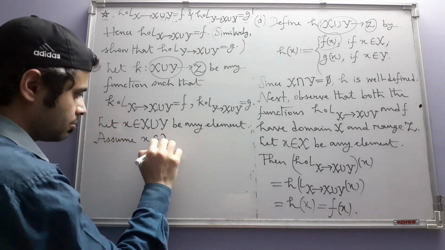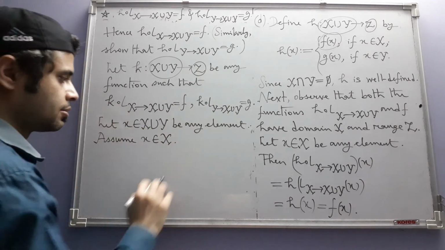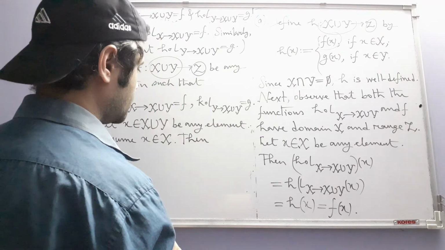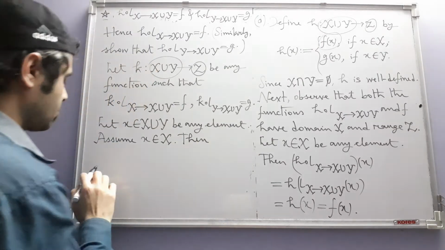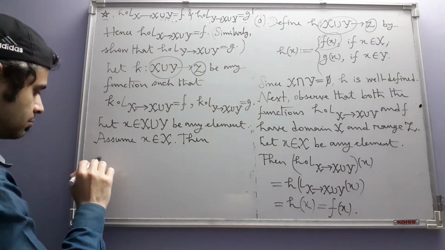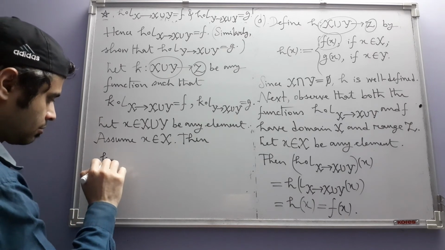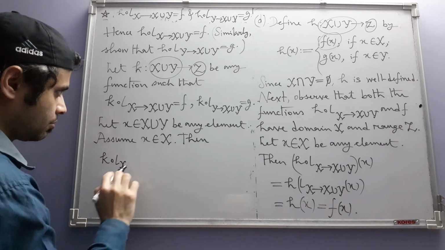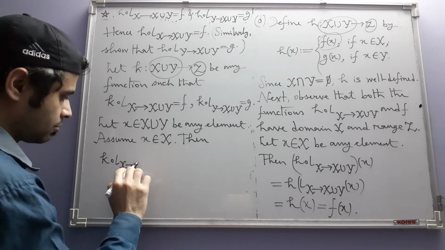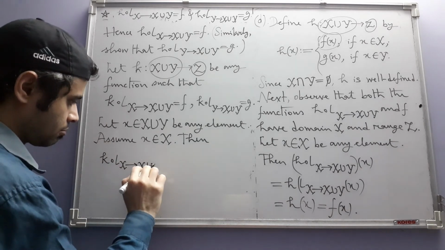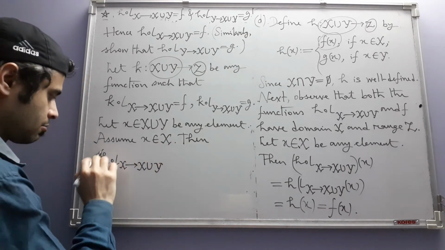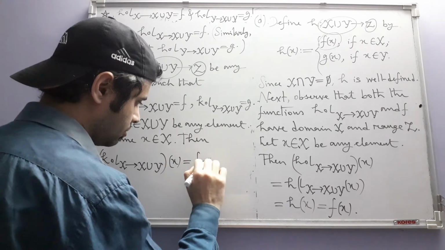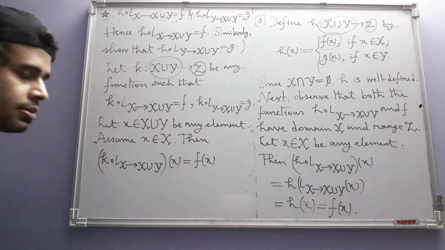Assume x belongs to X, then K composed with the inclusion, K(x), is equal to F(x).